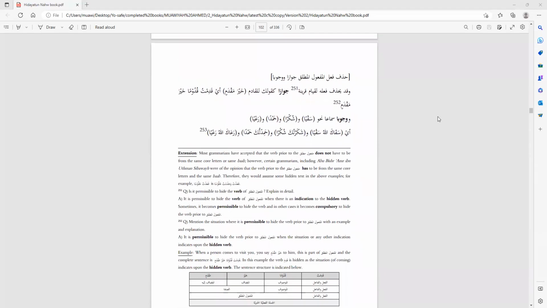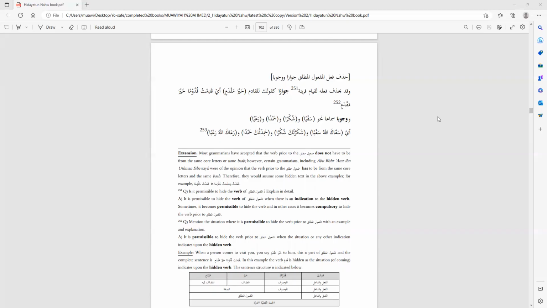وقد يحذف فعله لقيام قرينة, and sometimes the verb will be dropped due to a sign, جوازا, as permissible, كقولك للقادم, like your saying to the one arriving, خير مقدم.